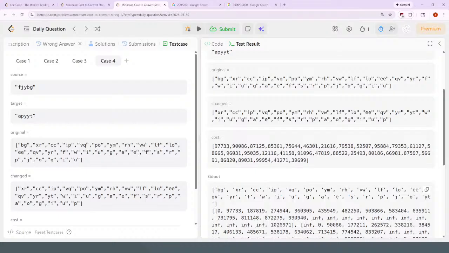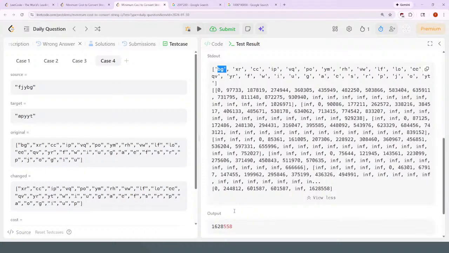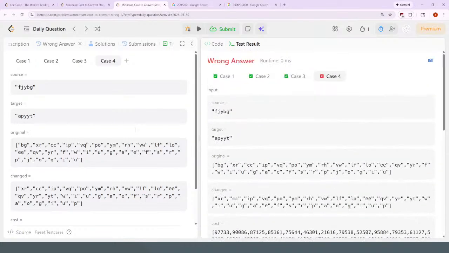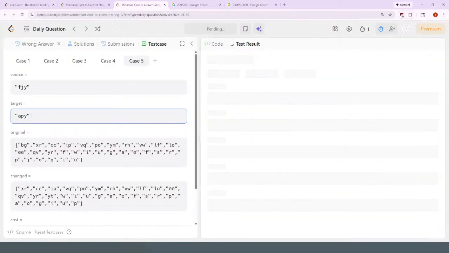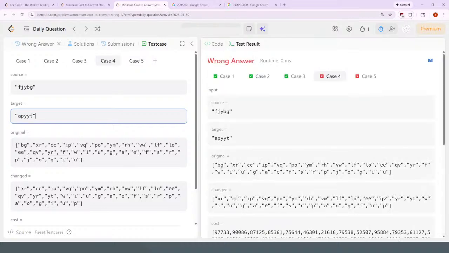So the first row here is based on BG. Okay, so I think what I want to do is just break this down. See if it did the first three correctly. So it's either doing the first three incorrectly.